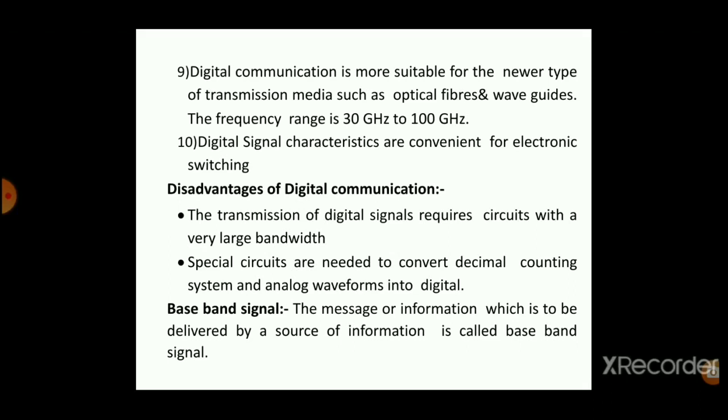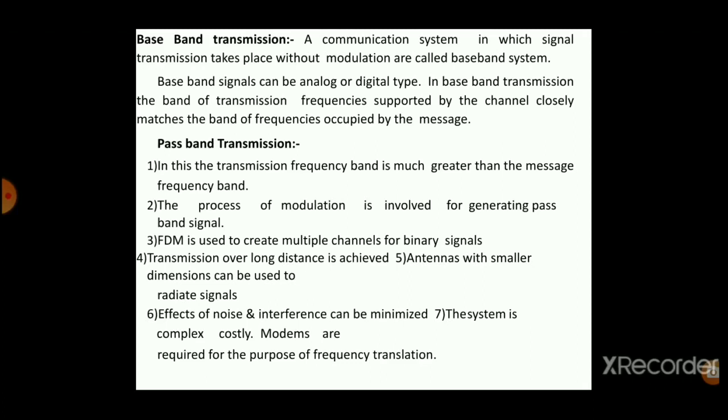Next one, baseband signal. The message or information which is to be delivered by a source of information is called baseband signal. Baseband transmission. A communication system in which signal transmission takes place without modulation is called baseband system.